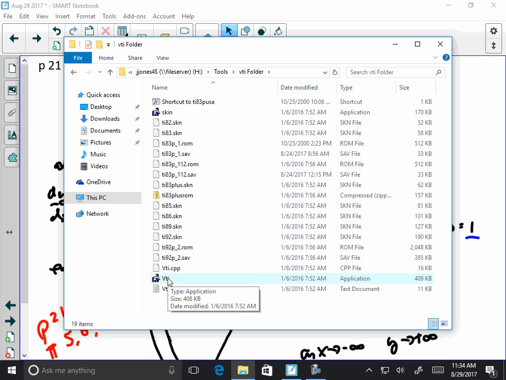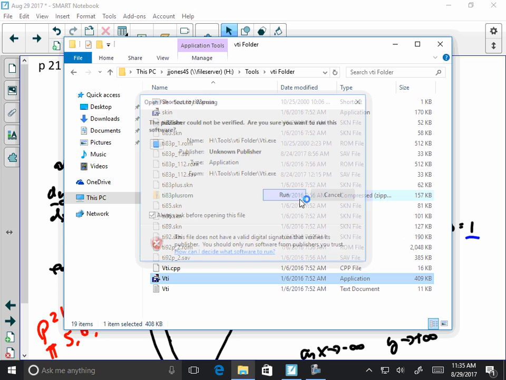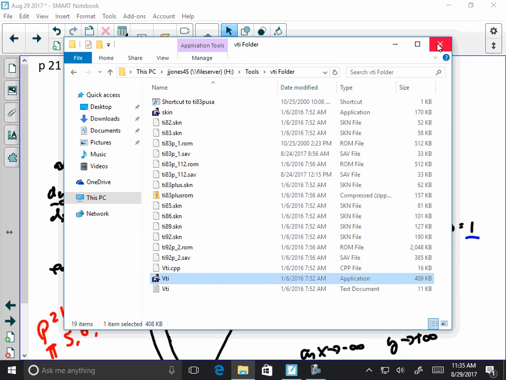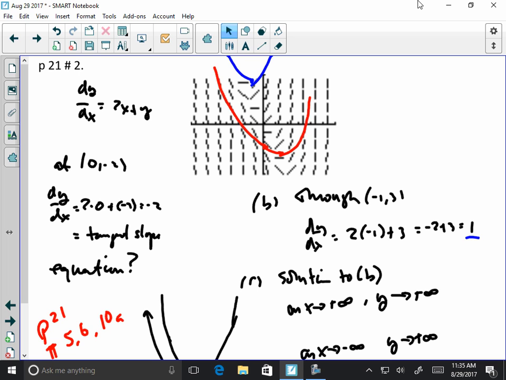So if you had the virtual calculator, you can always just cut and paste that into a Word document or something like that, and then draw on it yourself. Unfortunately, I can't get it to work here. Try it one more time. Nope, it worked in my office. It worked in the room next door, but not today.